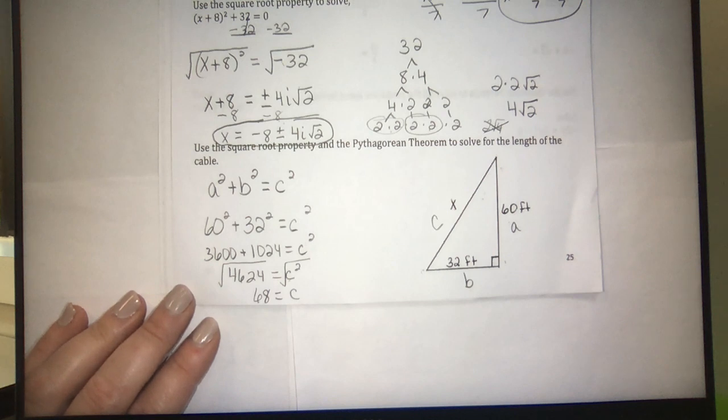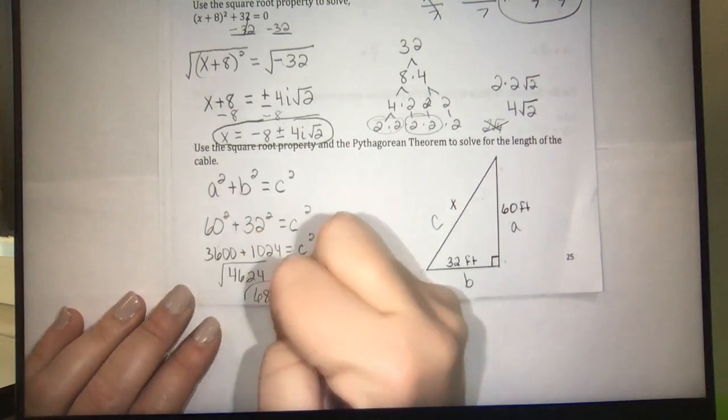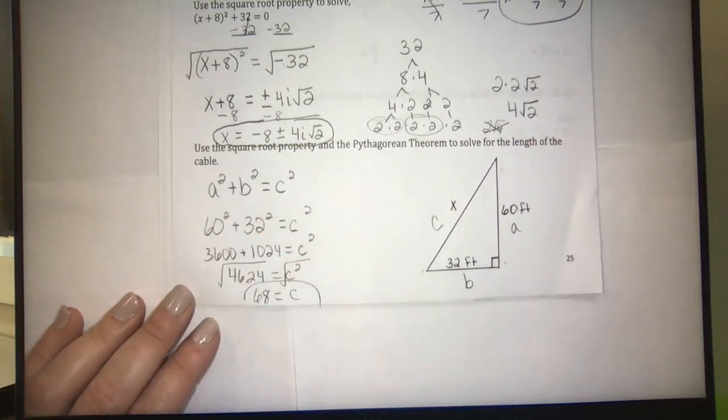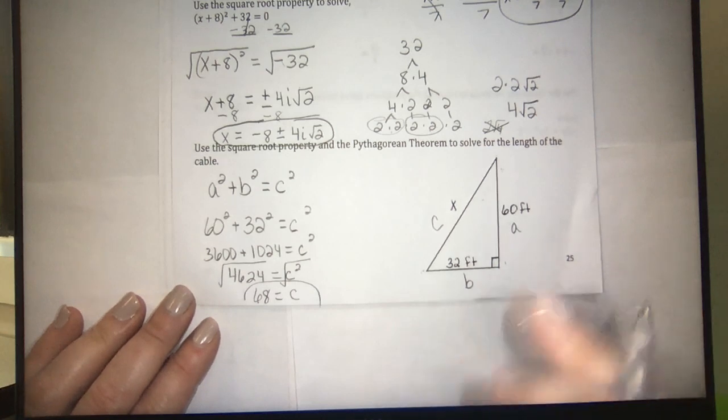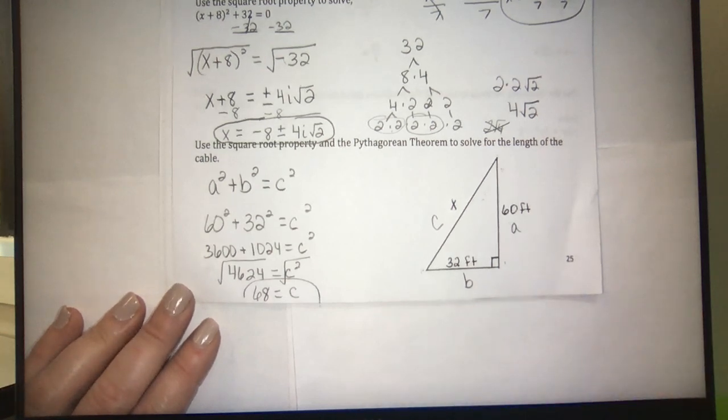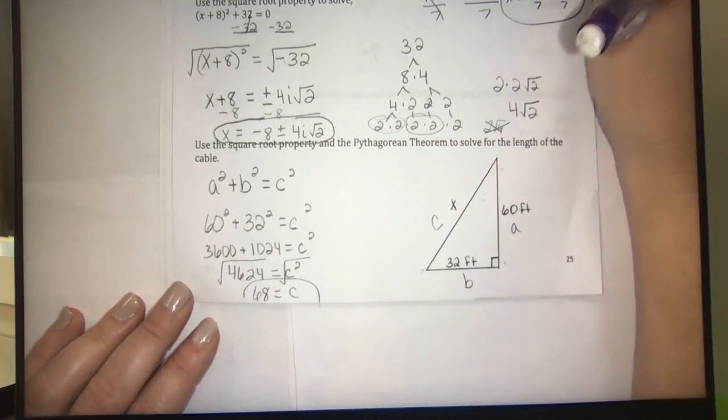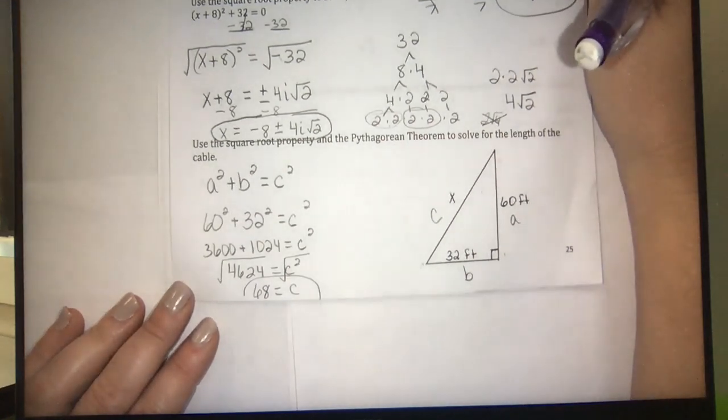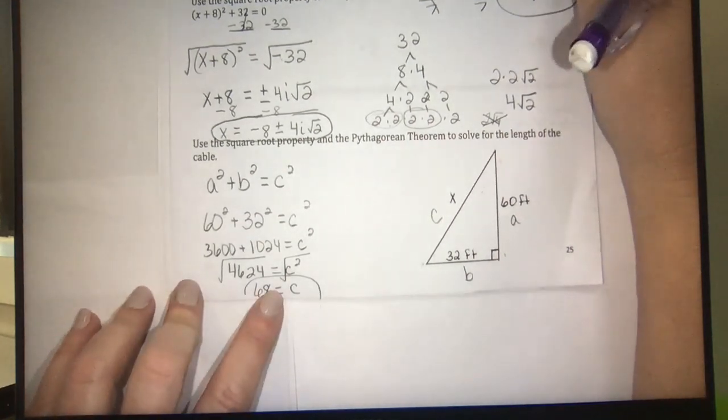It just doesn't make sense. So that's why we don't ever use a negative with Pythagorean. But I want you to know you're supposed to. It just doesn't make sense to use it in this situation. Okay. All right. Sound good? You could put little feet on there, 68 feet. You know, I ran out of room.